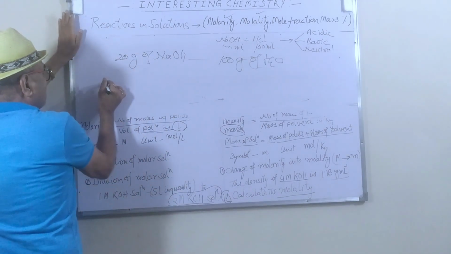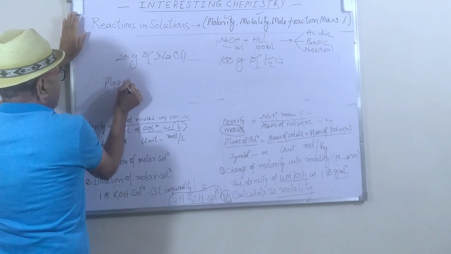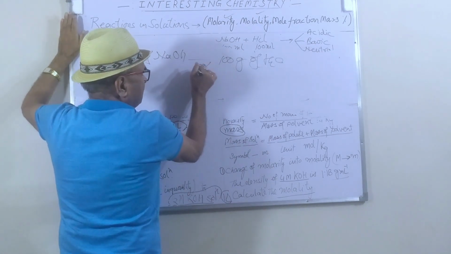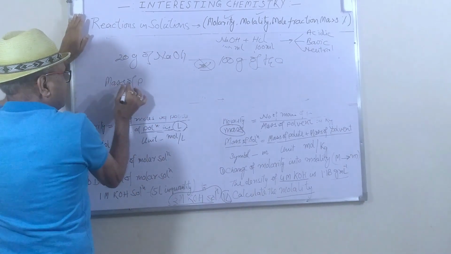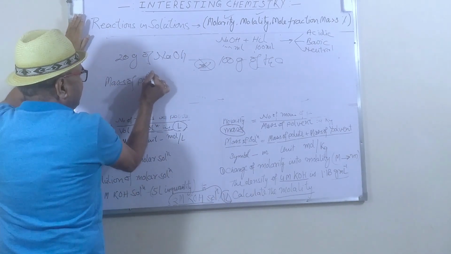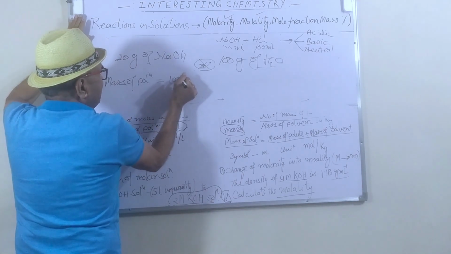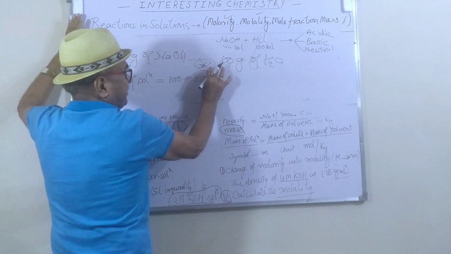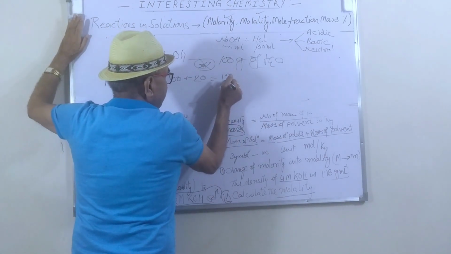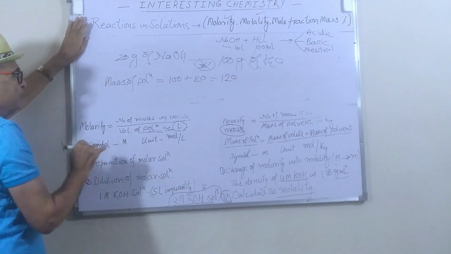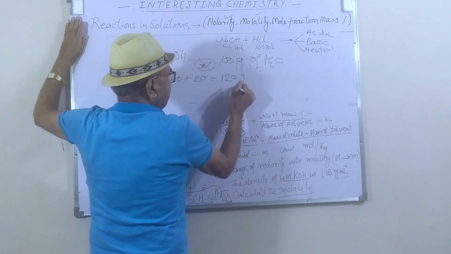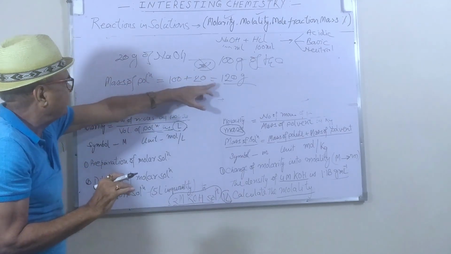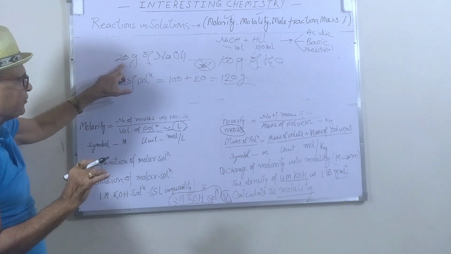Now the mass of the solution. No, it is not 20%, that's wrong. Mass of the solution is 100 plus 20, 20 gram of NaOH and 100 gram of H2O. So 120 gram is the mass of the solution, and in 120 there is 20 gram of NaOH.